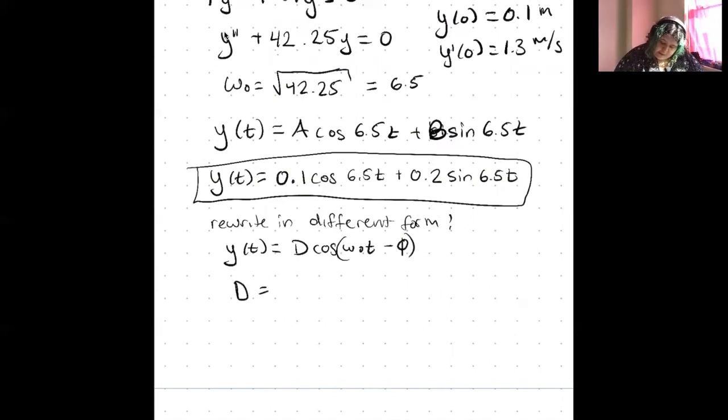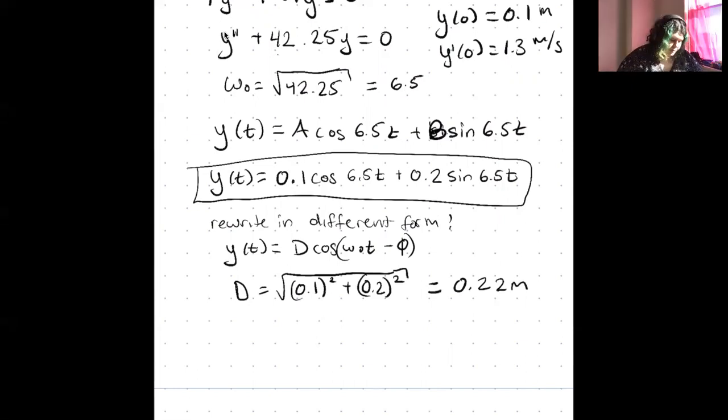So d here, we said, is going to be the square root of the sum of the squares of my coefficients. That value is kind of ugly, so I'm going to round it to 0.22 meters.